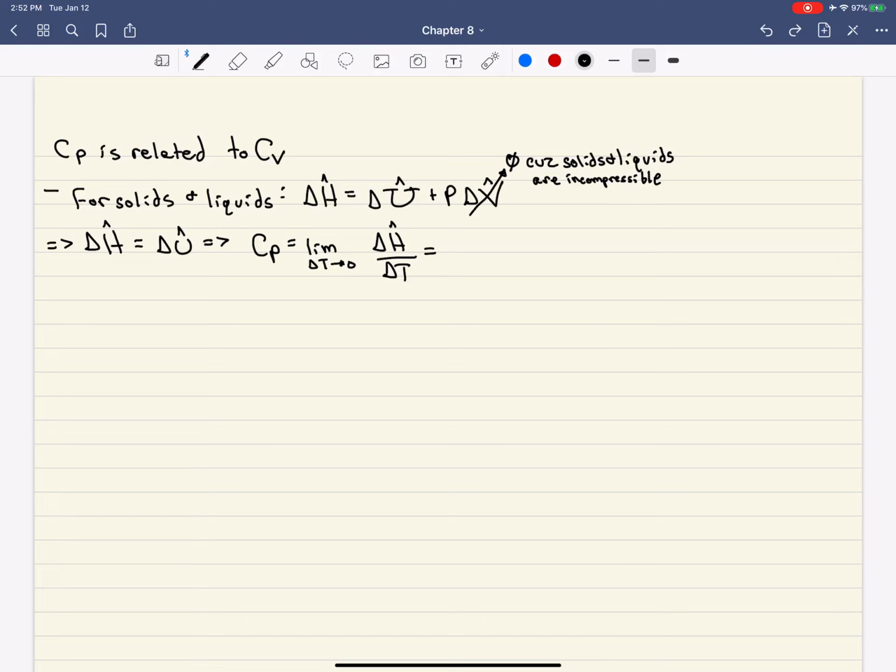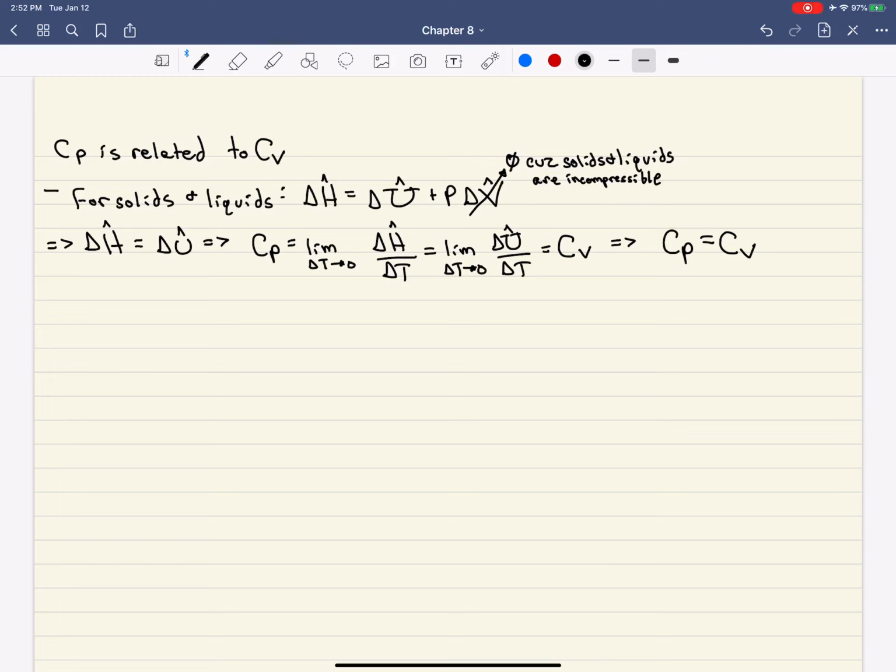Let me write the limit. Which is the definition of constant volume heat capacity. And so just to write this out even more clearly, that means Cp is equal to Cv for solids and liquids.